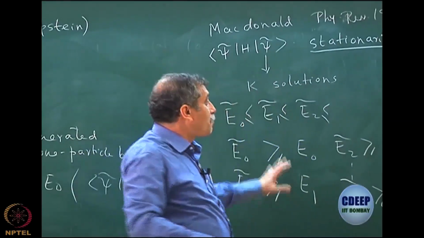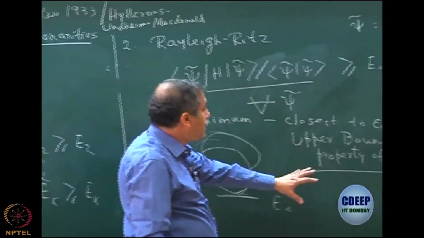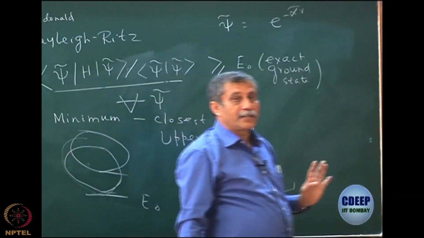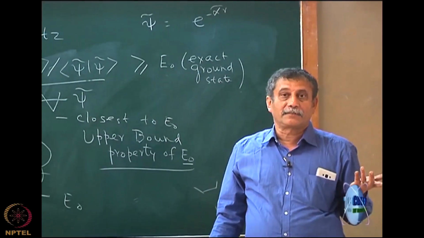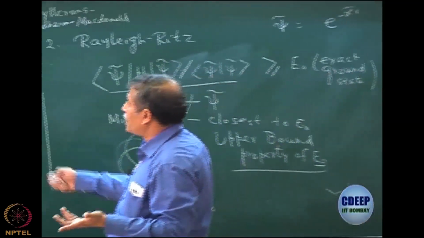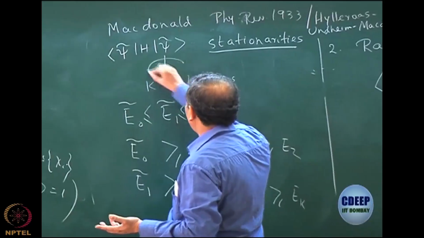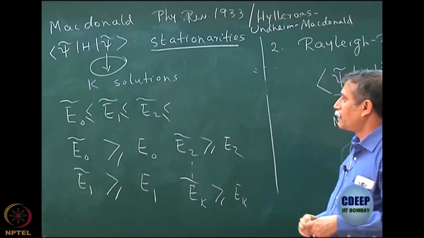So this is of course much more powerful than just the Rayleigh statement, because the Rayleigh statement only talks about being greater than or equal to E0. It doesn't say what solutions will be greater than or equal to E1 or E2. So here I can get the solutions. I will let you know how to get these k solutions. This is basically some matrix eigenvalue problem.